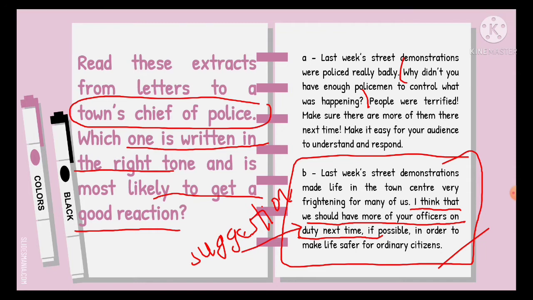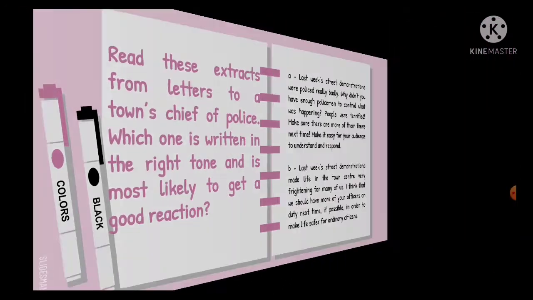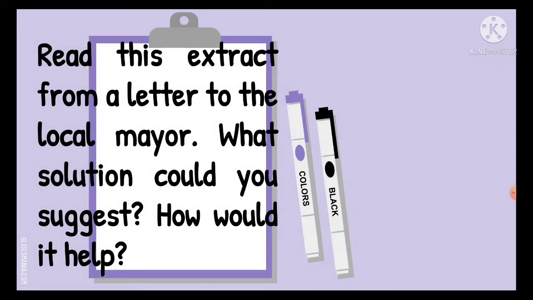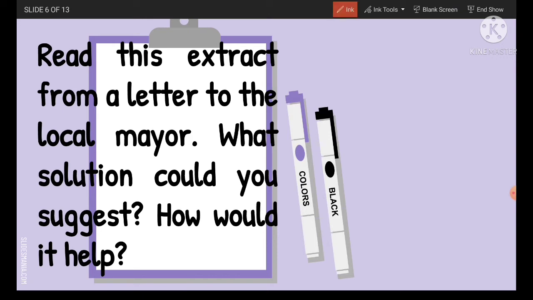Now next one. Read this extract from a letter to the local mayor. What solution could you suggest? How would it help? Local mayor, we can say as a Datuk Bandar or the person in charge in that certain town.